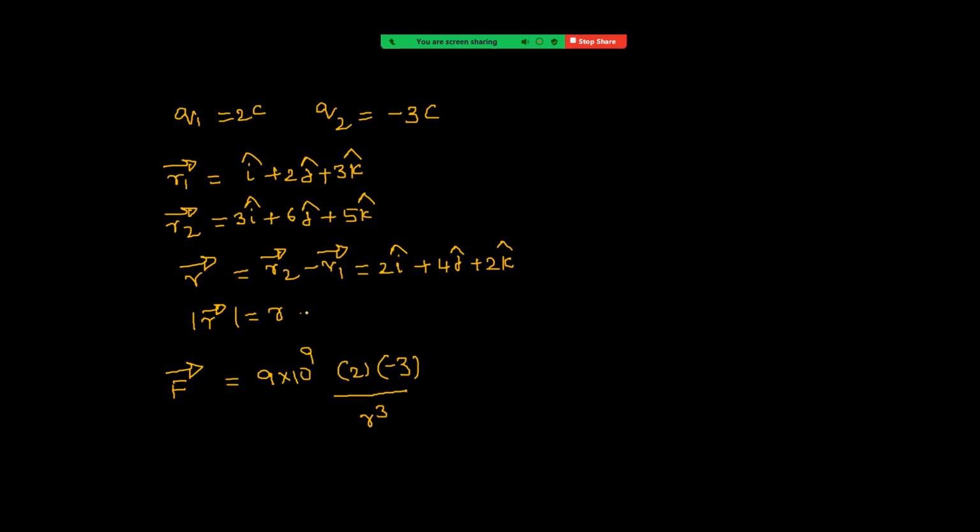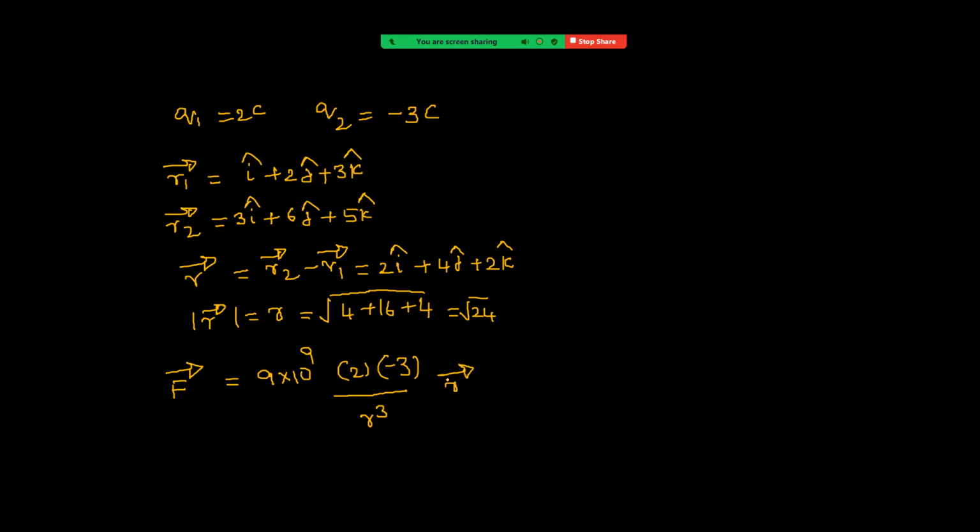Here you can see the value of R: square root of 2 square is 4, 4 square is 16, 2 square is 4. It is root 24. So it is 1 by 4 pi epsilon naught Q1 Q2 by R cube into R bar. You can substitute the value of R bar.